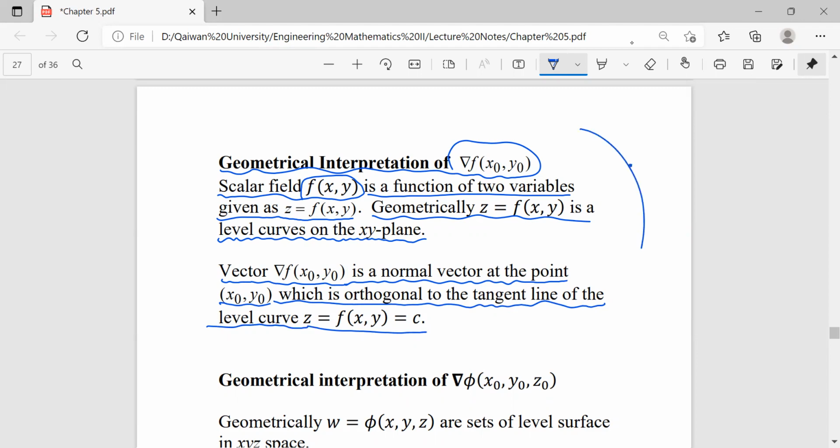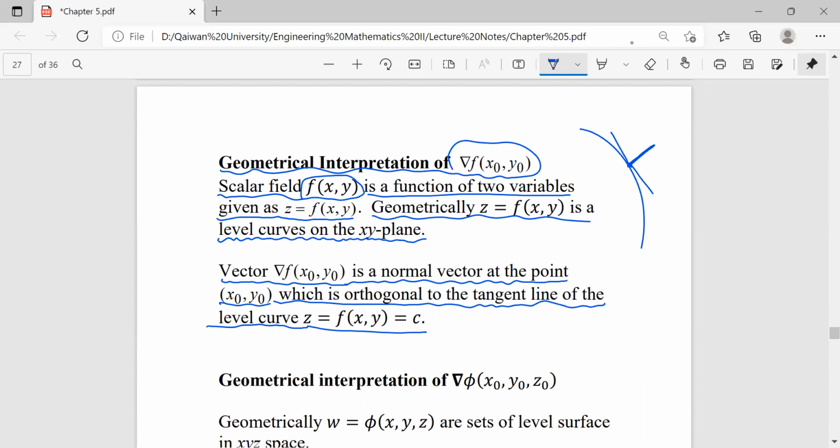We say the tangent line here is that, and the normal line is perpendicular to the tangent line. It's orthogonal to the tangent line. The normal line is orthogonal to the tangent line, that means it's perpendicular to the tangent line.